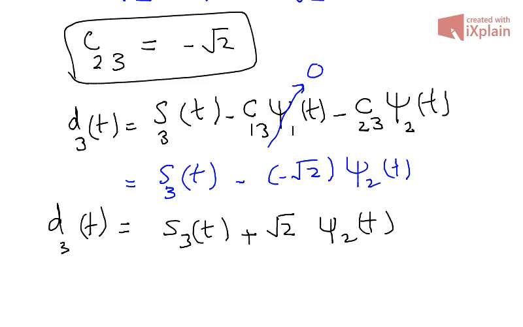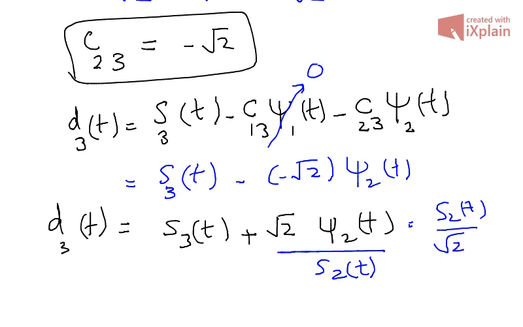If you multiply psi 2 of t with square root 2, you are actually getting back S2 of t, because our psi 2 of t is S2 of t over square root 2.